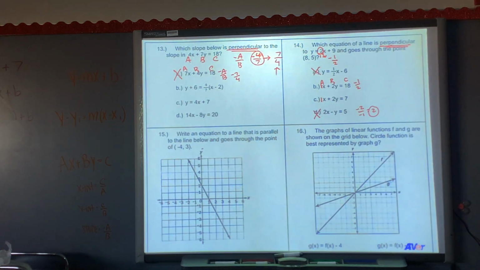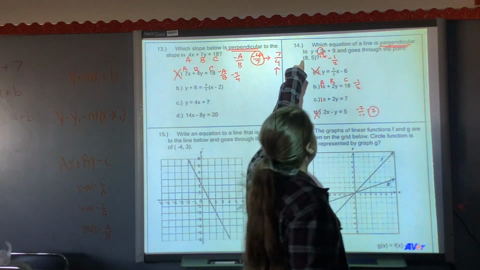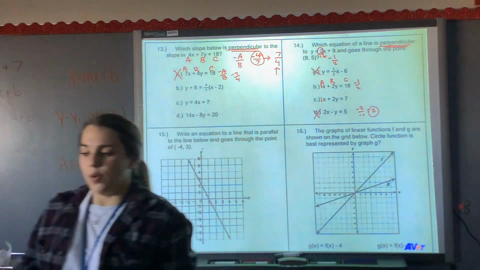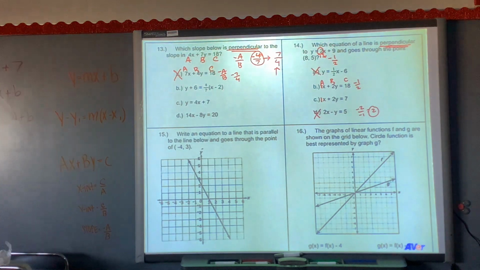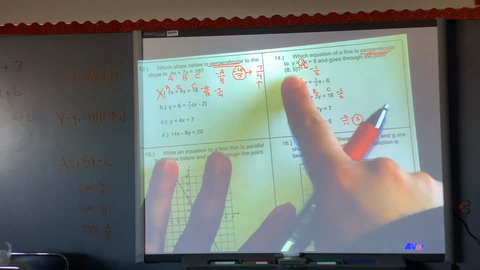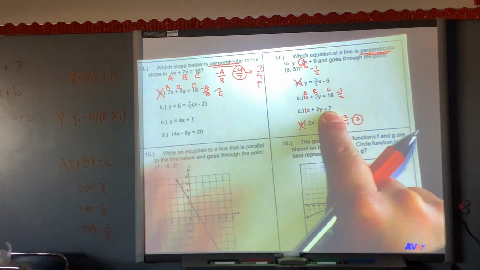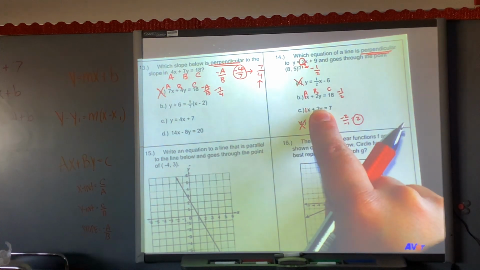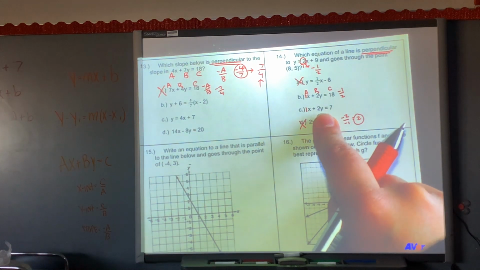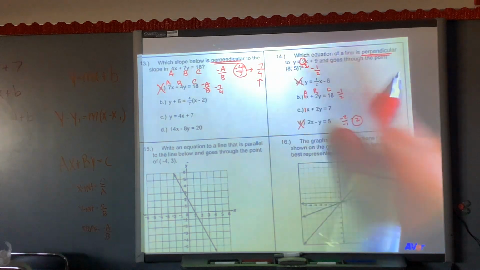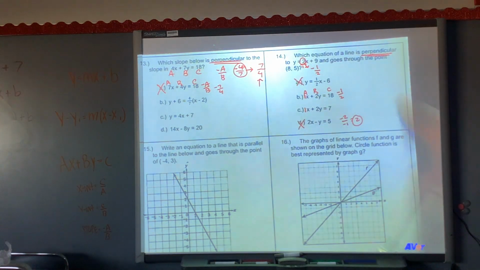So we're choosing from B and C. The next thing we know is it has to go through 8, 5. There's a few different ways to do this. We've talked about them on the last pages. You could either plug in 8, 5 to both of these equations to see which one works. That is totally fine. You could actually draw it out if you wanted to see which one works.